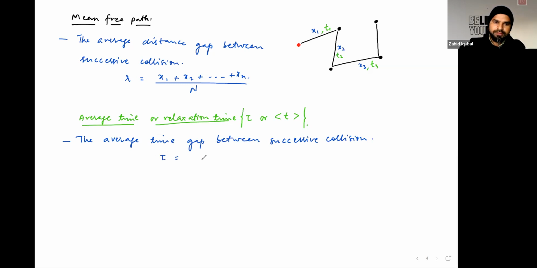So tau equals t1 plus t2 plus so on to tn, divided by the number of collisions n.